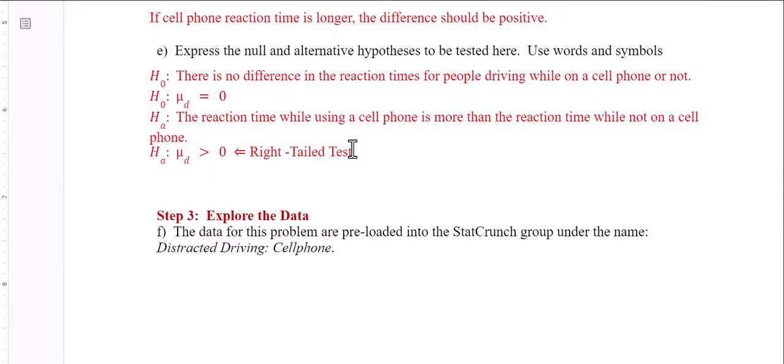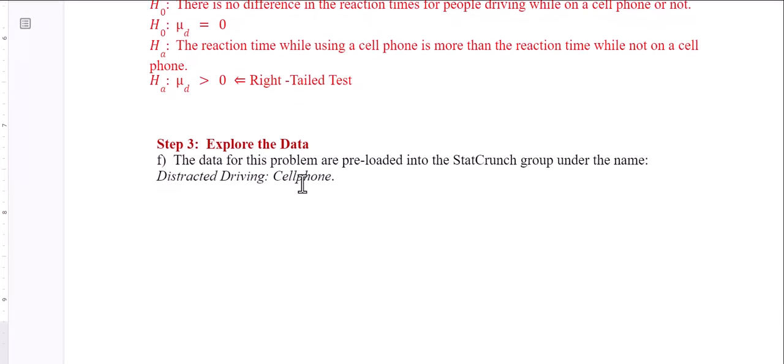Just to review, the null hypothesis always has an equality sign, versus the alternative, which does not involve an equal. It's always less than, greater than, or not equal to, whereas the null will have equals, greater than or equal to, or less than or equal to. But more often than not, it's just equals 0.